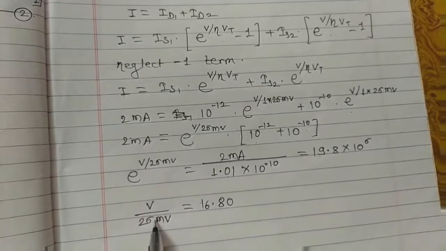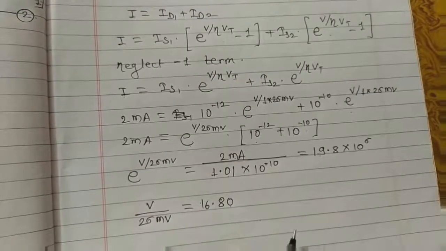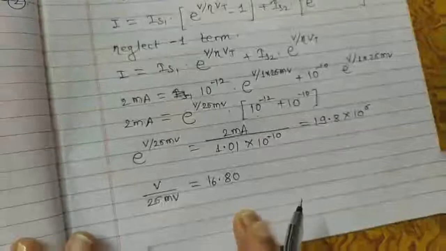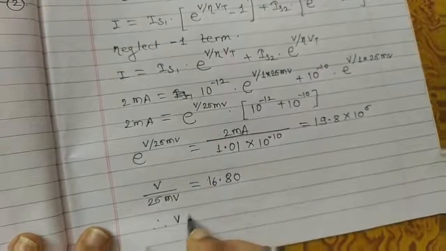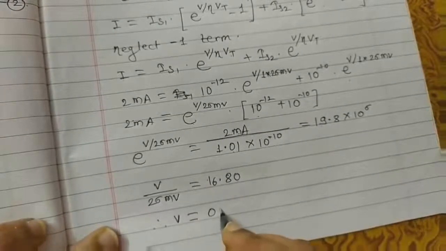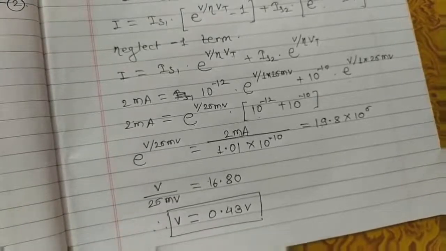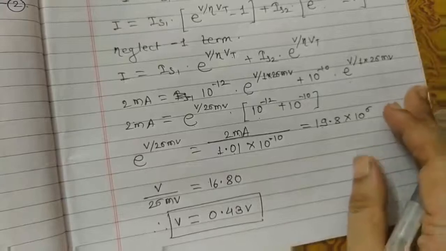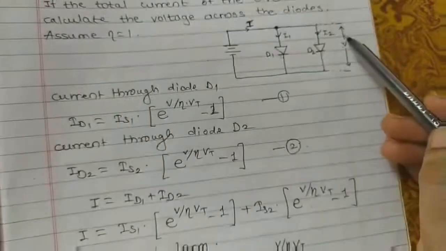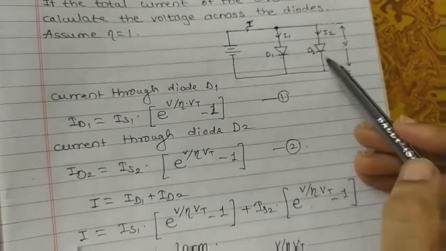Now dividing the 16.8 by 26 millivolt will get the value V. So therefore V will be equal to 0.43 volts. So here we have obtained the voltage V across diode D1 and D2.